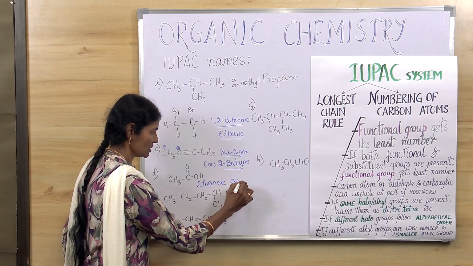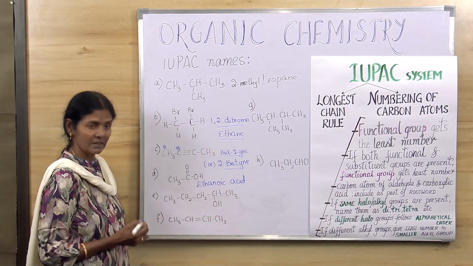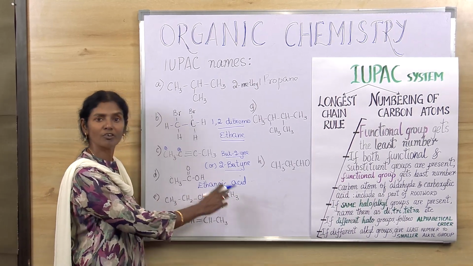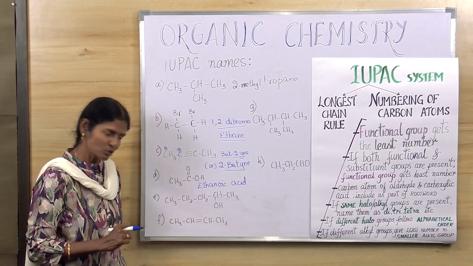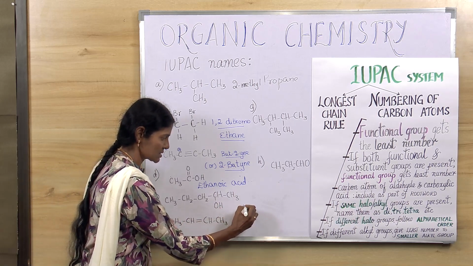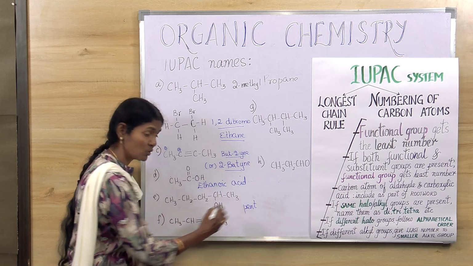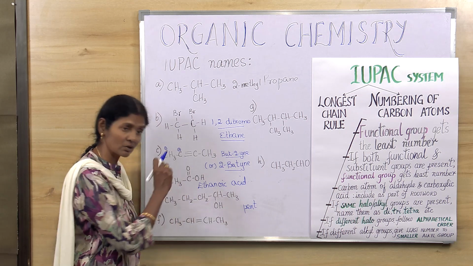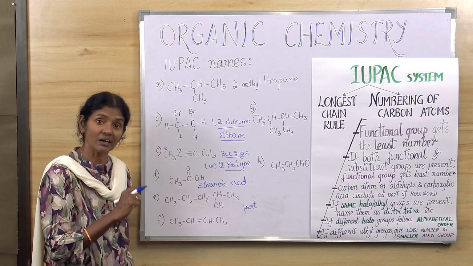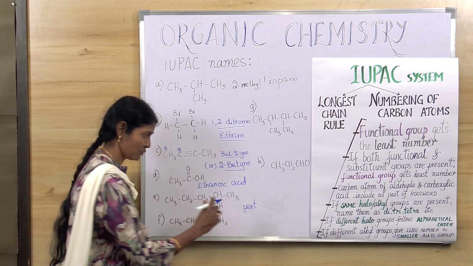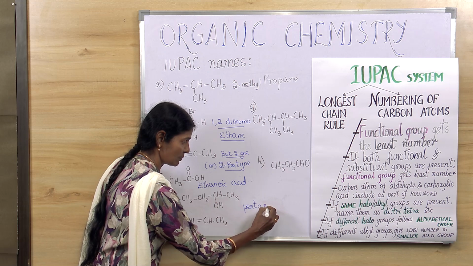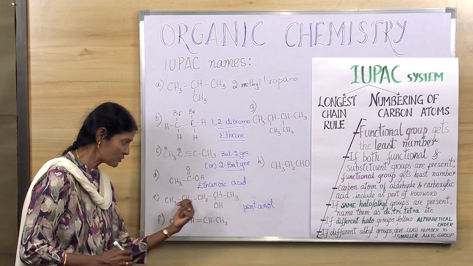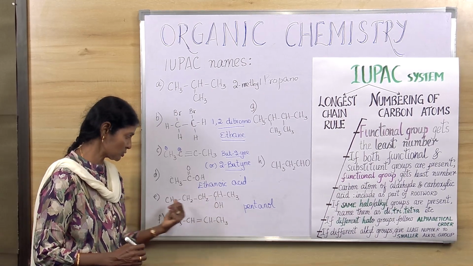Now, we go to the next one. This has again a long one, 1, 2, 3, 4, 5 carbon atoms. Therefore, the root word would be pent. Now let's look at the functional group present here. Yes, there is one OH group. That is the alcohol group. Therefore, we would write it as pentanol. But where is this present? If we count from this side, it would be in the 4th position.